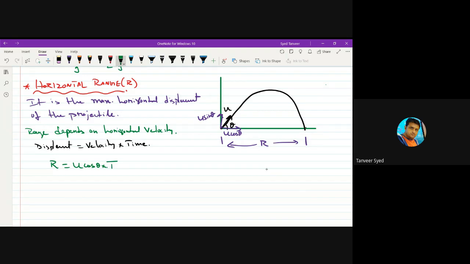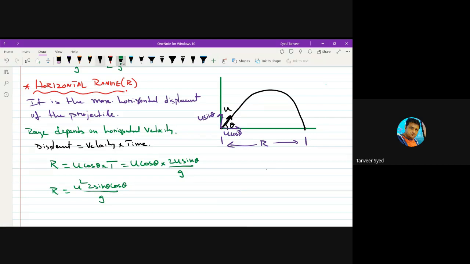And we know time of flight is 2u sin theta by g. So range R is u square 2 sin theta cos theta by g.